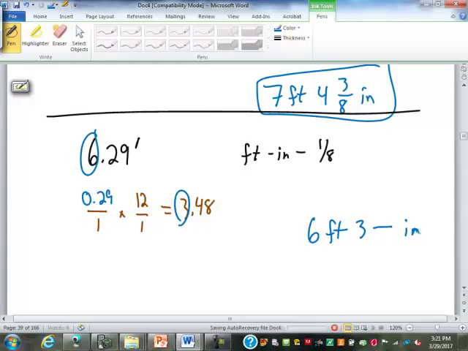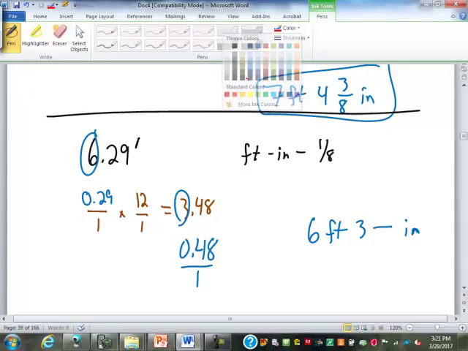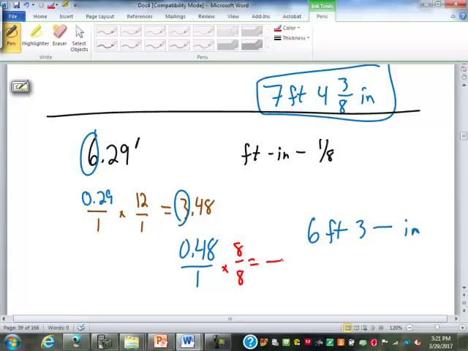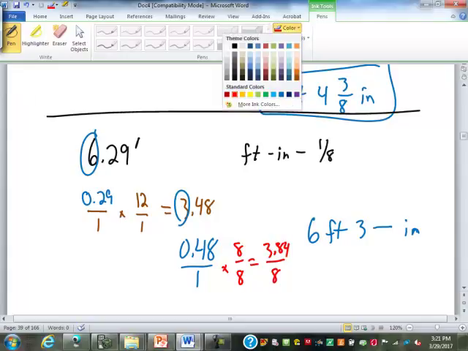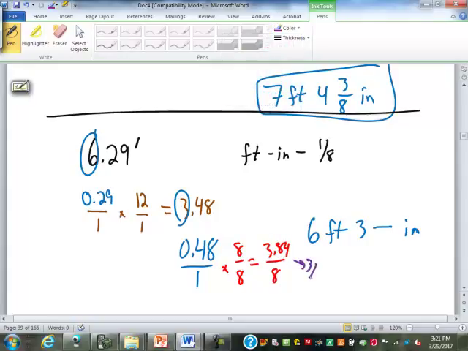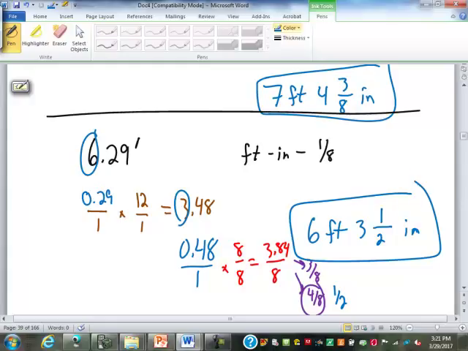I have to figure out what my fraction of an inch is. So I'm going to take my 0.48, put it over 1, and I'm going to multiply by 8 on top and bottom. 1 times 8 is 8. 0.48 times 8 is what? 3.84, I believe. That's between 3/8 and 4/8. Which one's it closer to? 4/8, which would reduce to 1/2. So that is 6 foot, 3 1/2 inch.